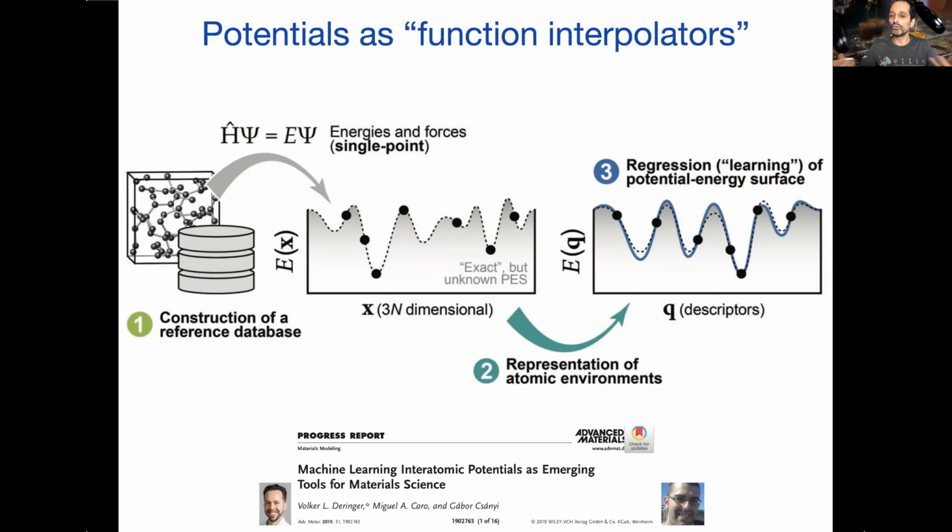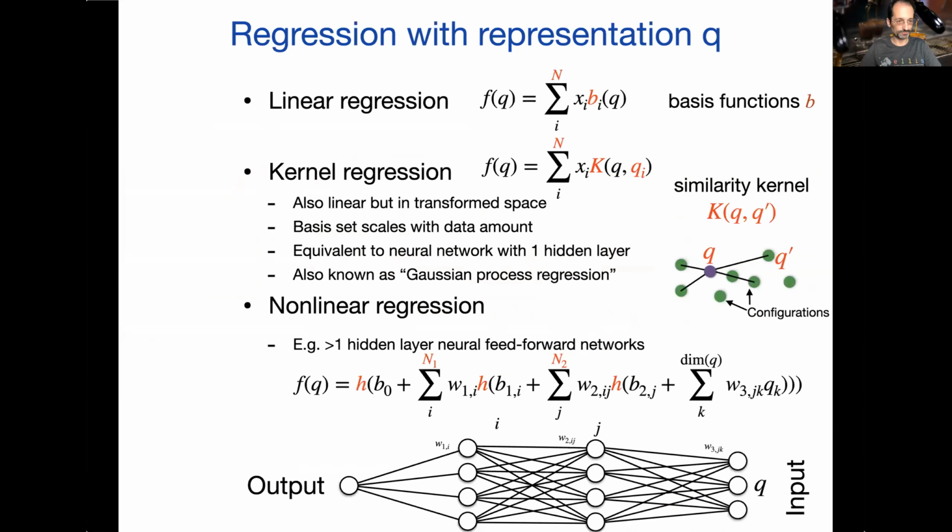That's the solution to the Schrodinger equation in some approximation. And then what we do in step 2 is we represent the atomic environments, the environment of each atom, in some clever way. And then using that representation, we simply do regression. So we learn the potential energy surface as a function of that representation, fitted to the data that we have in our database.